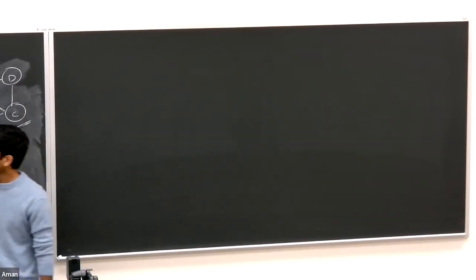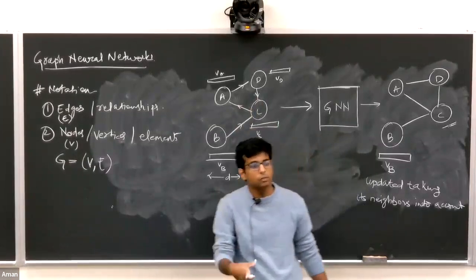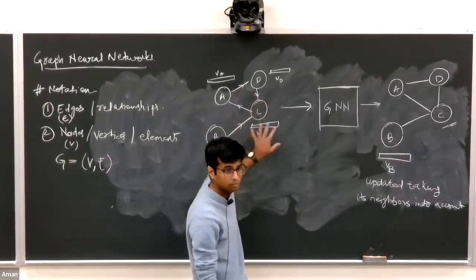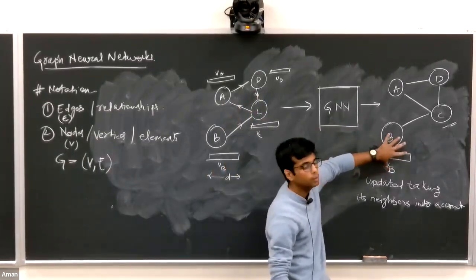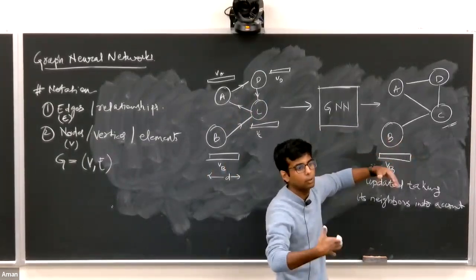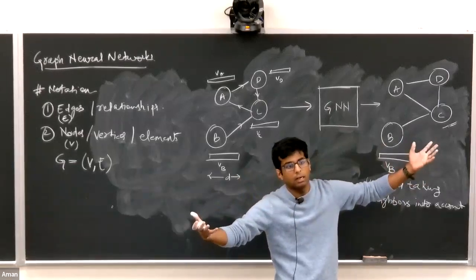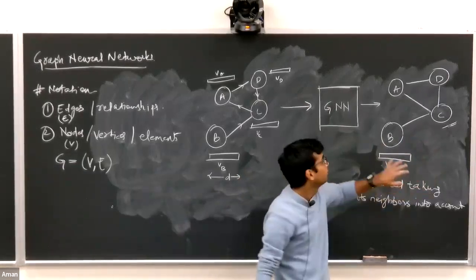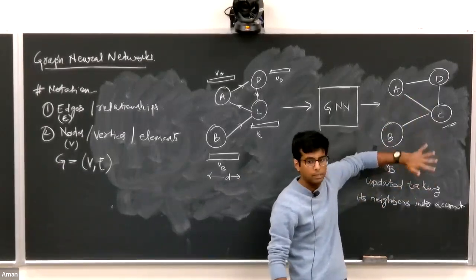Right? So initially, when these vectors are randomly initialized, they do not have any information about the overall graph. But once you do these graph neural network updates, all of these vectors will increasingly become more aware of their neighbors and of the overall graph by extension, because each node is updated by its neighbors, and that keeps happening again and again.